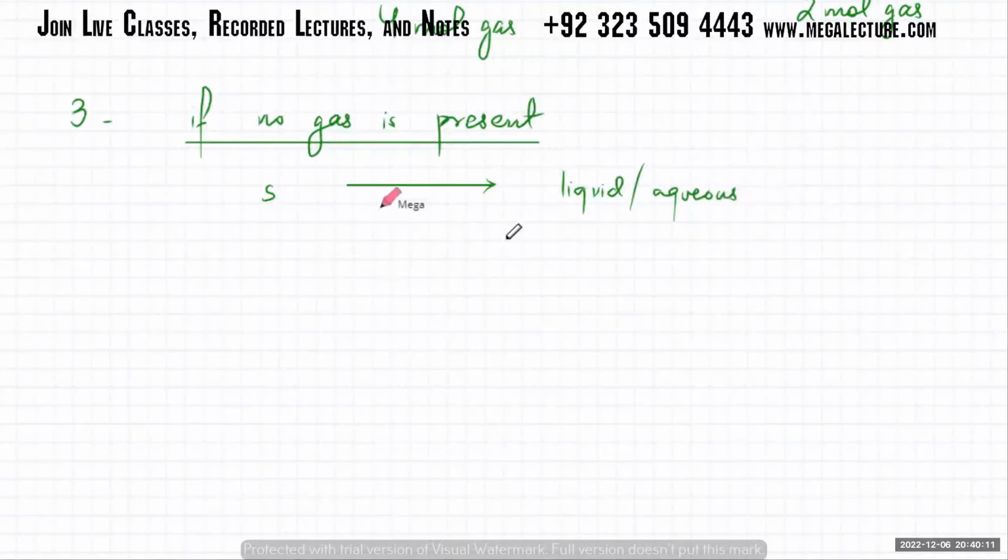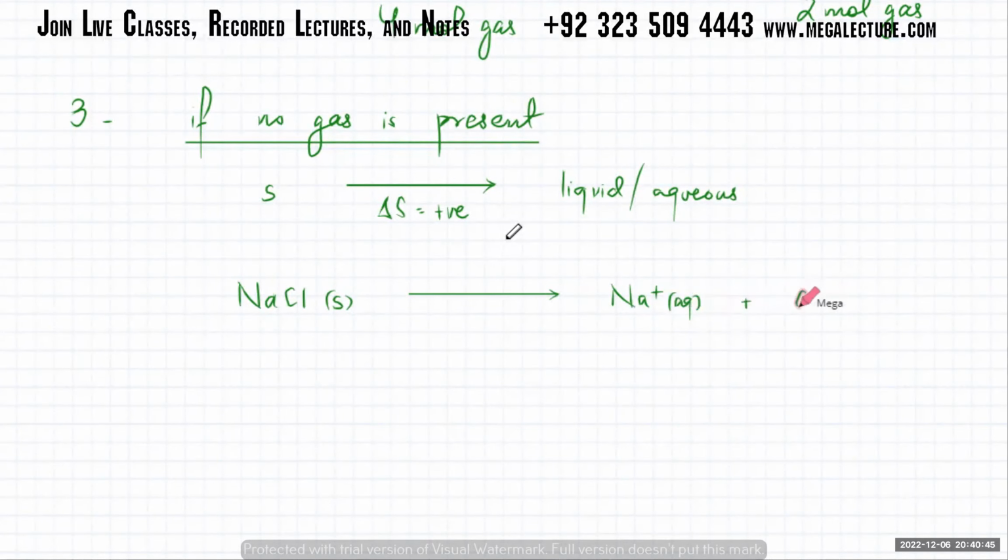Then that is delta S positive. Okay, so if no gas is present, then you look for liquid and aqueous state. For example, if I've got this reaction, I've got NaCl solid, and that NaCl solid turns into Na+1 aqueous and Cl-1 aqueous.